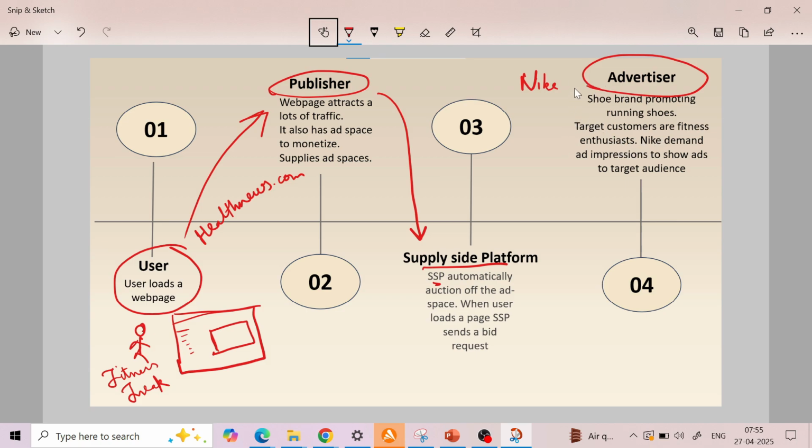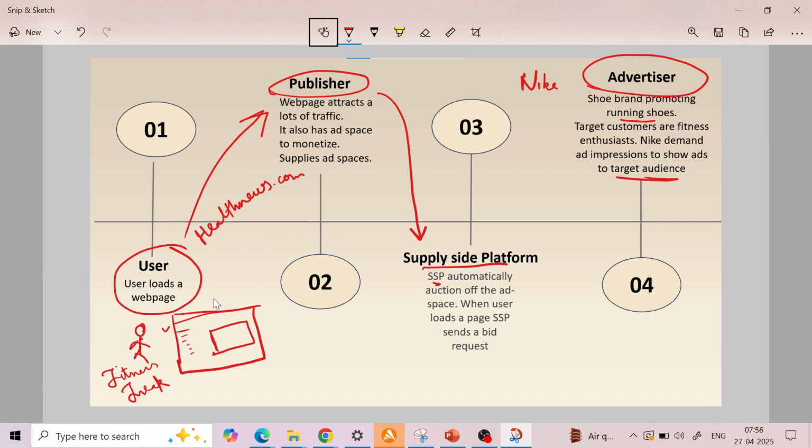Nike wants its advertisement to be shown to fitness enthusiasts, its target audience, because it is promoting running shoes, and definitely only fitness enthusiasts would be more likely to buy those kinds of shoes.